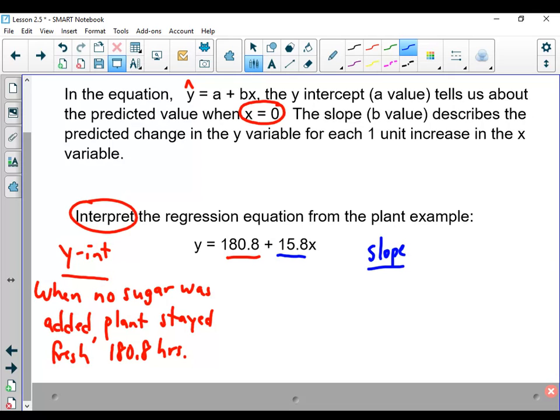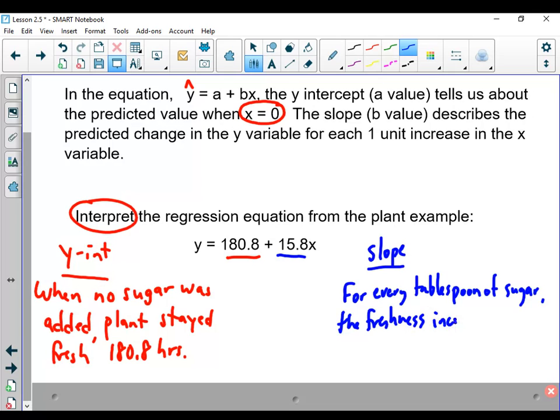So according to this, the slope is saying, all right, for every tablespoon of sugar, because every time x goes up 1, the freshness increased (15.8 hours).